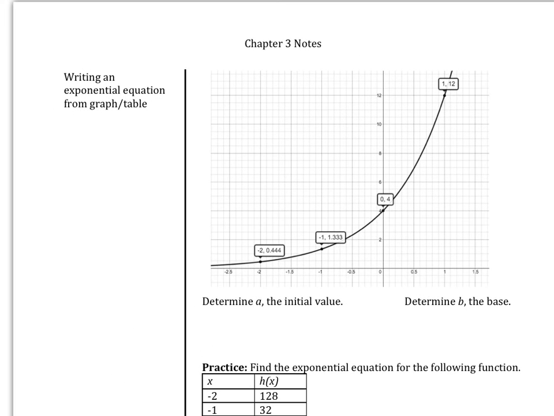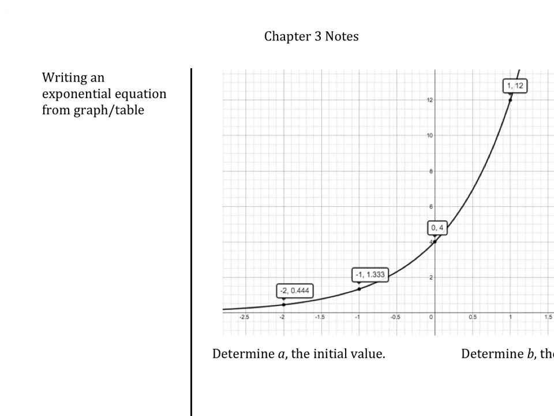Now, let's say that you have to write an actual exponential equation, and you're given some values, whether that is from a table or from a graph. First, you have to memorize the basic exponential function, a times b to the x.